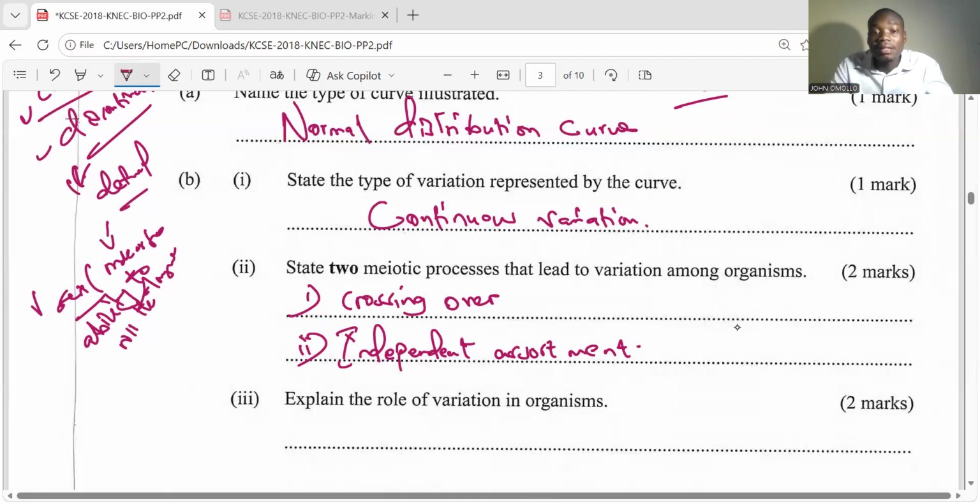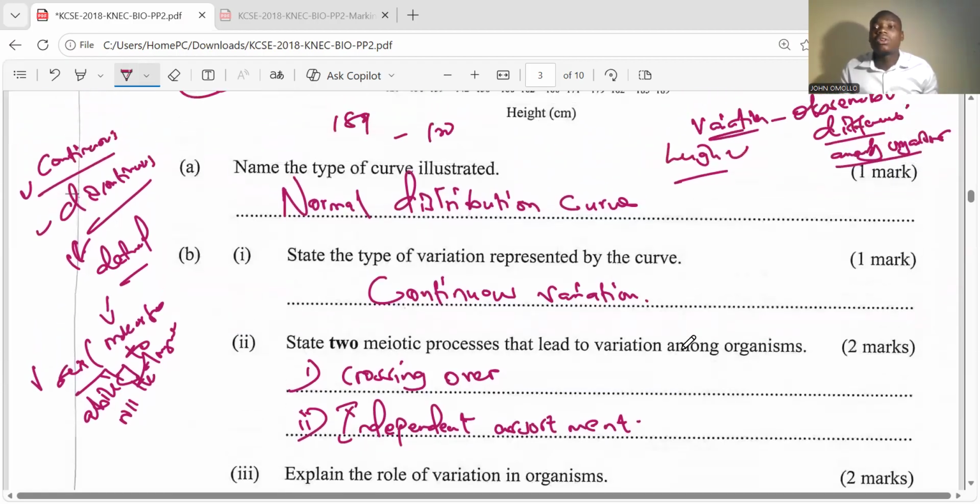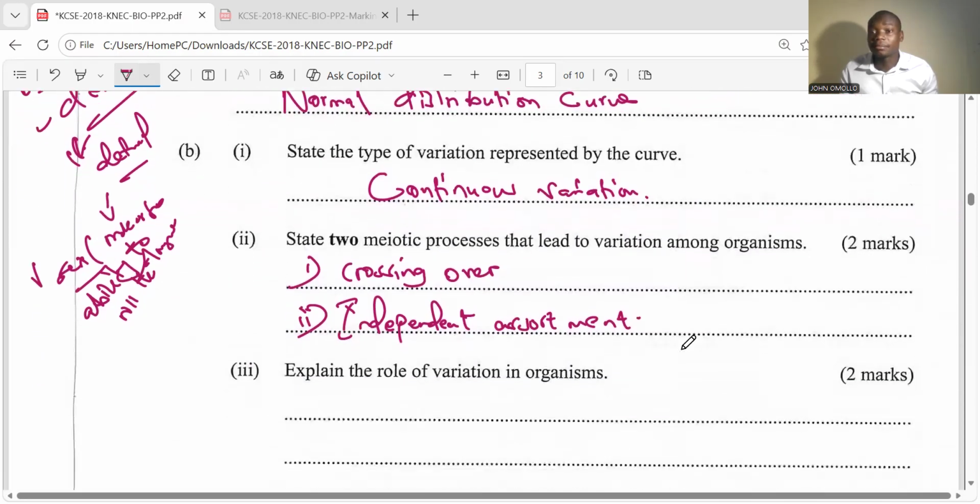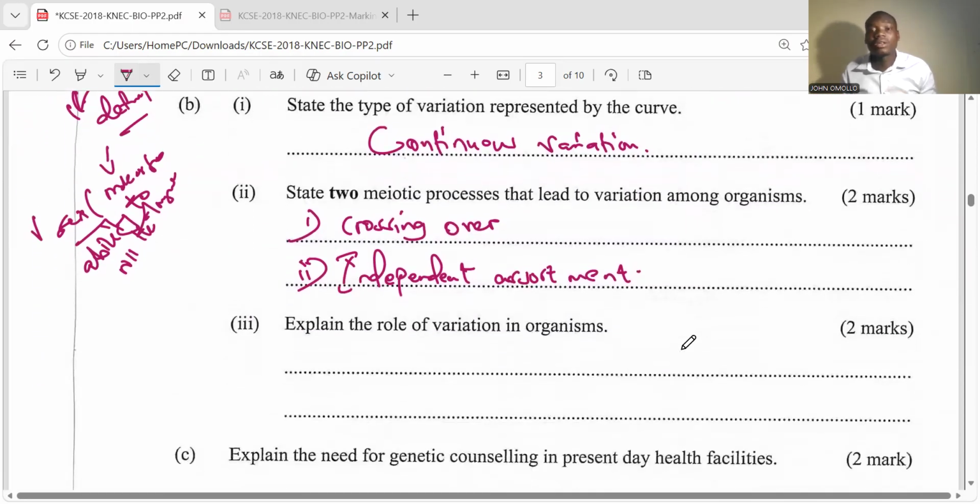Independent assortment, in this case, you realize that when chromosomes, again, they pair unknowingly, the chromatids, they pair unknowingly. So there is no non-pairing. They pair by default. When that happens, they sort themselves independently, unknowingly.